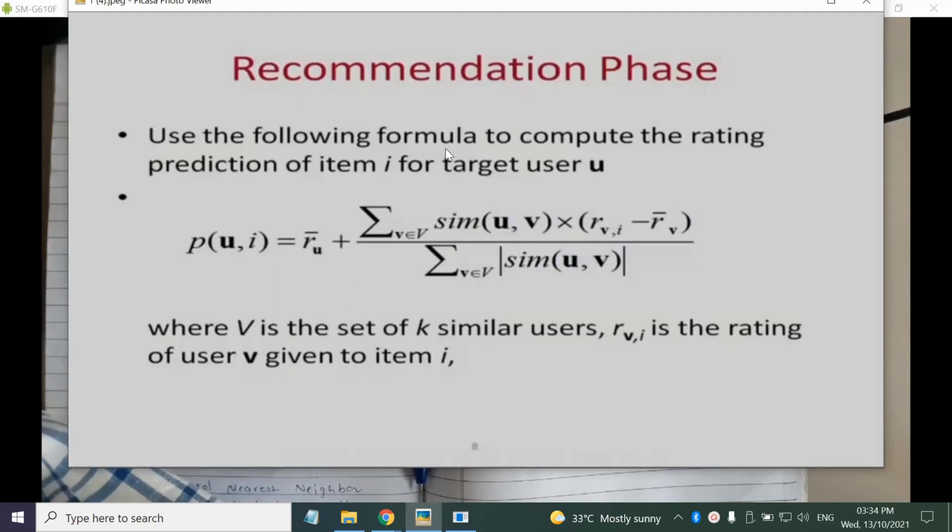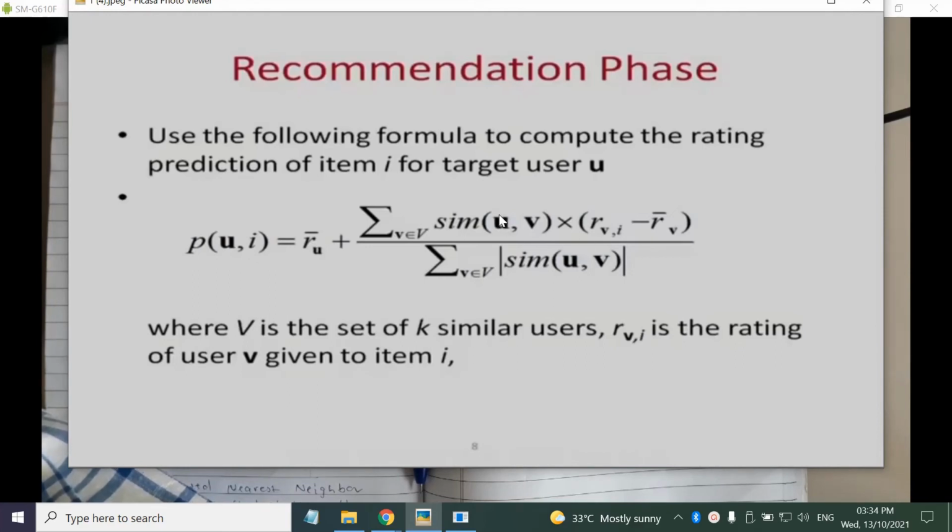Here we'll be considering every neighbor, so the k similar users are denoted by this v set. Consider every nearest neighbor, for which we have the similarity score. The neighbor having the higher similarity score will get higher weight.